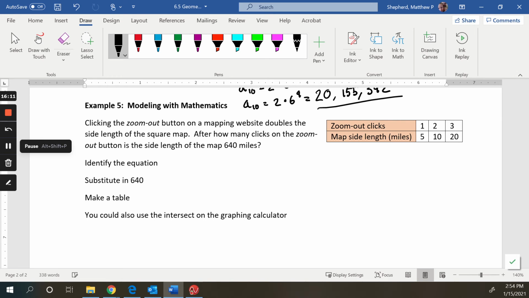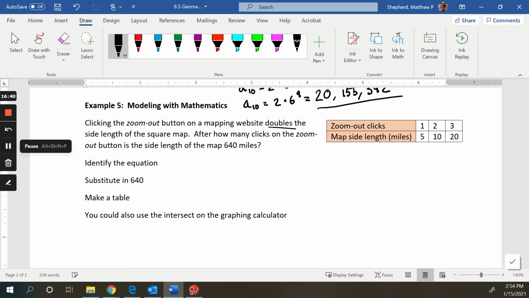In this problem, we see that they are clicking the zoom out button on a mapping website. So if you're on Google Earth, each time you click the zoom out button, we could imagine that this doubles the side length of the square of the map. So on the side of your screen, you see a certain amount of the Earth, and then when you zoom out, you see even more.